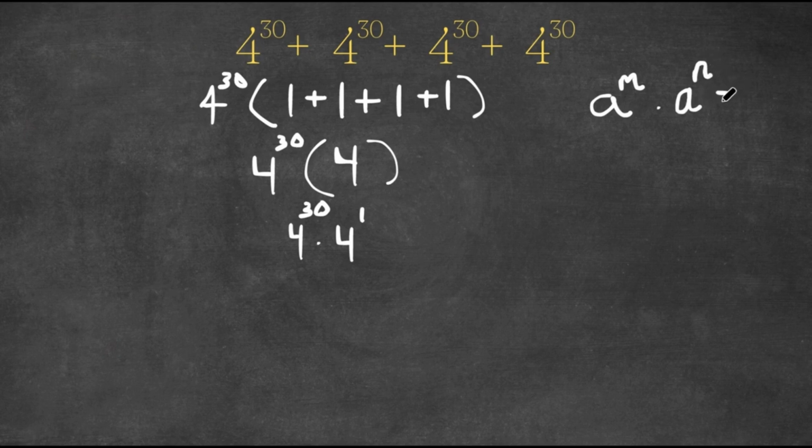This is actually equal to a to the power of m plus n. So as you can see, we keep the base the same and we simply add the exponents.